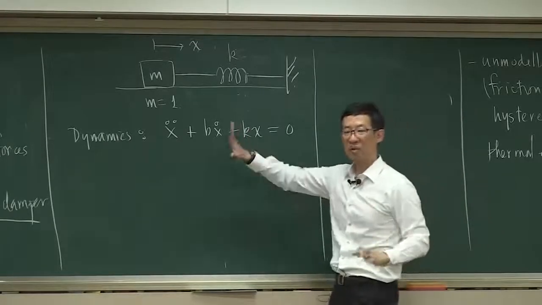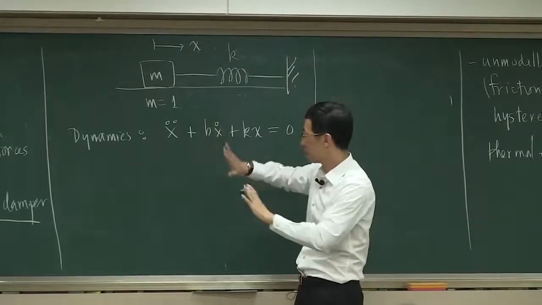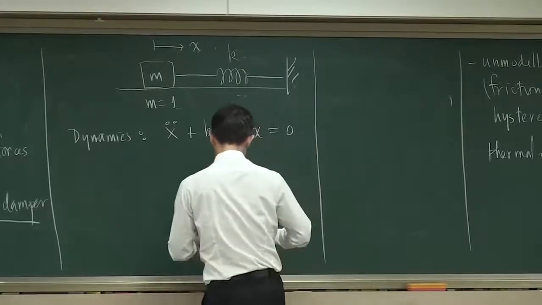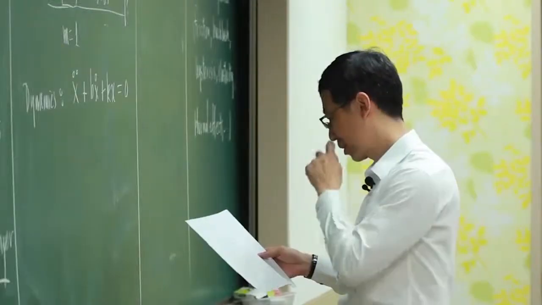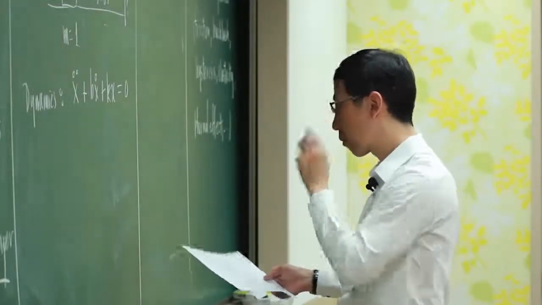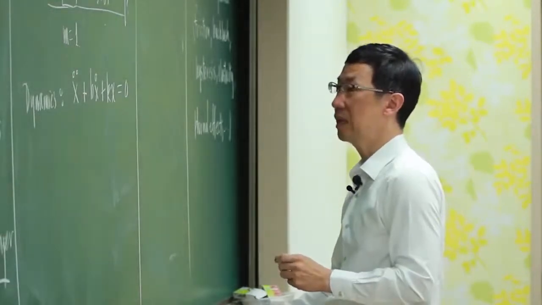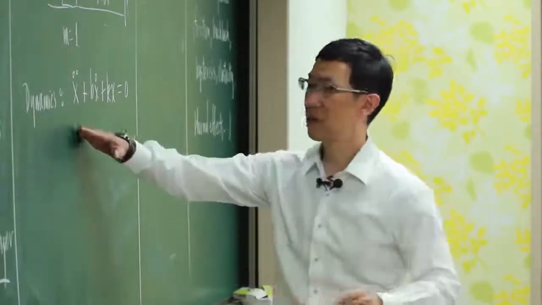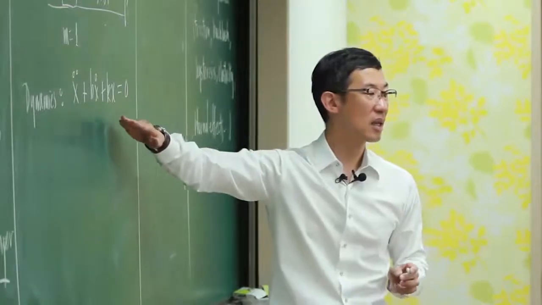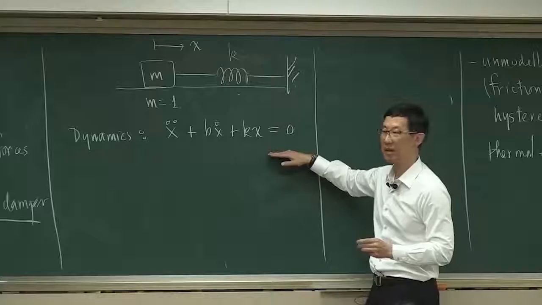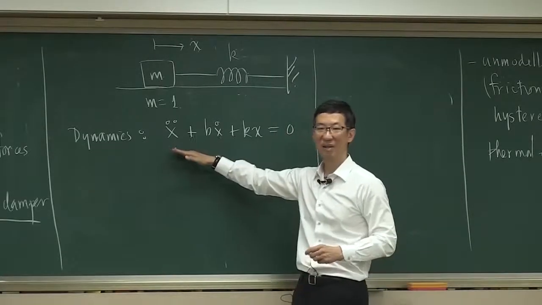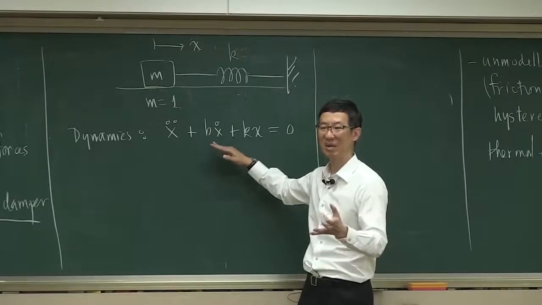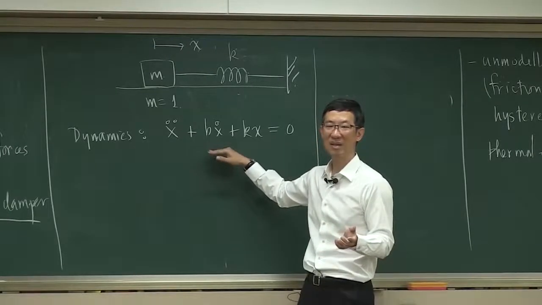So no external forces applied here, just the natural response is what we're interested in. We want to understand how the solution behaves. Now this is a very basic second-order linear differential equation.